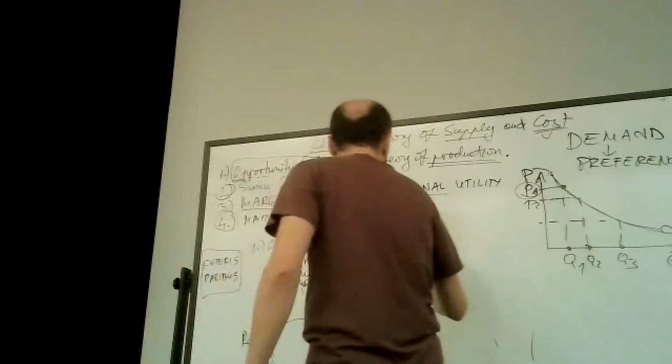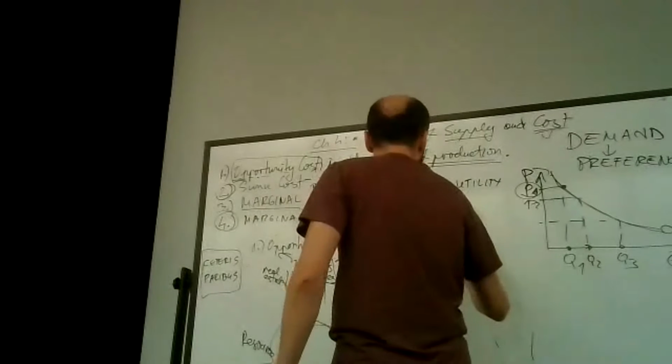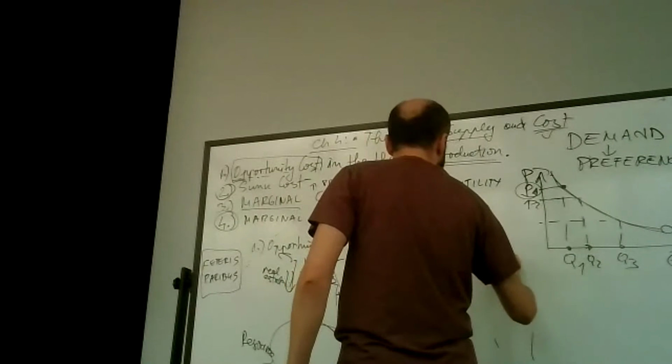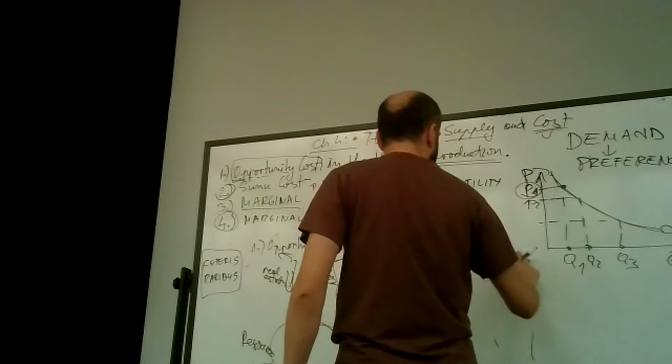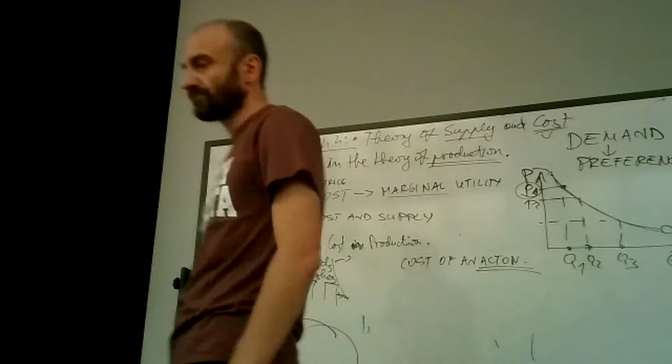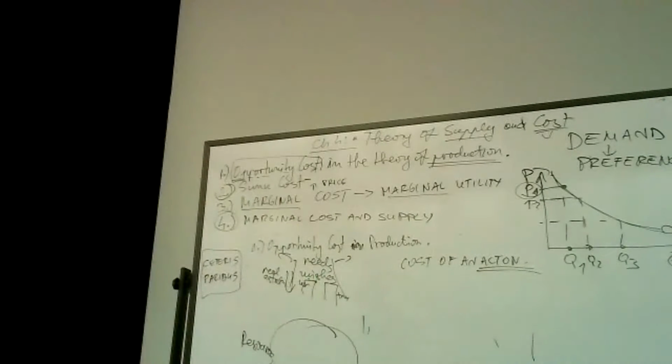So, cost of an action. Actions have costs, not things. For example, in your book, you buy some piece of food for $5. You make this exchange because you value the food more than the $5 that you paid. What is the cost of your action?